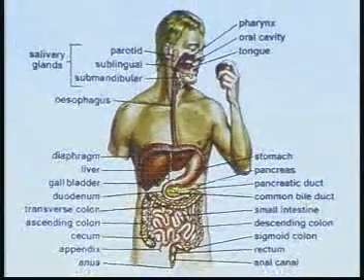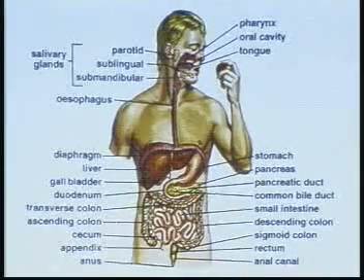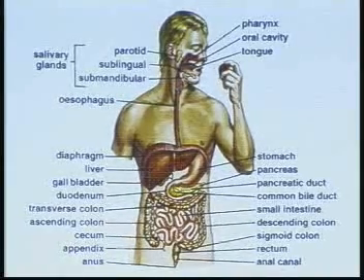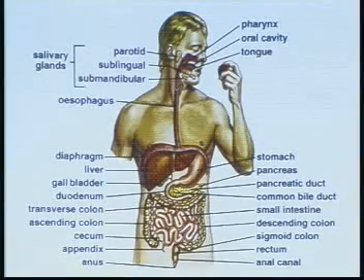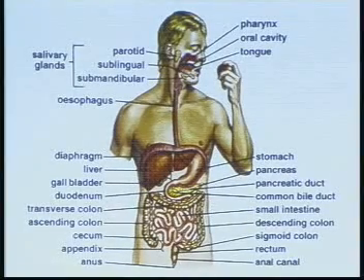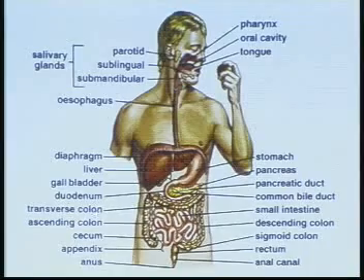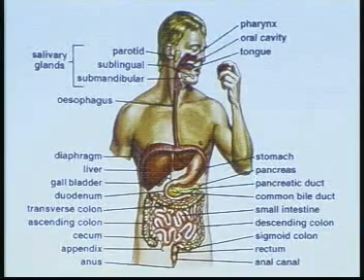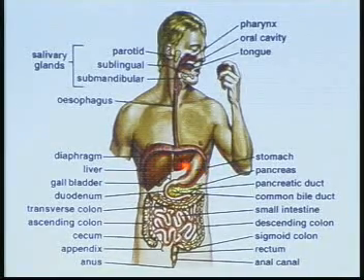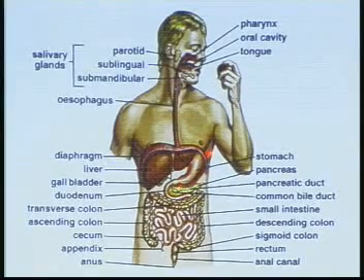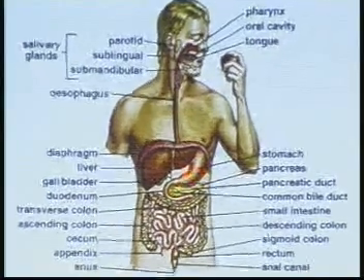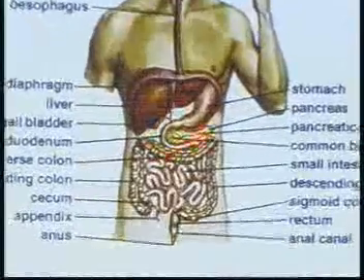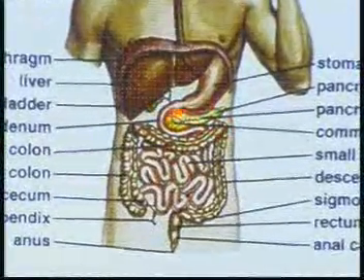It acts on proteins, partially digests them to proteases and peptides. No digestion of carbohydrate, not even the one that was initiated in the mouth, is carried on in the stomach. This semi-digested food from the stomach is called the chyme. It passes through the pyloric sphincter and enters into the duodenum.